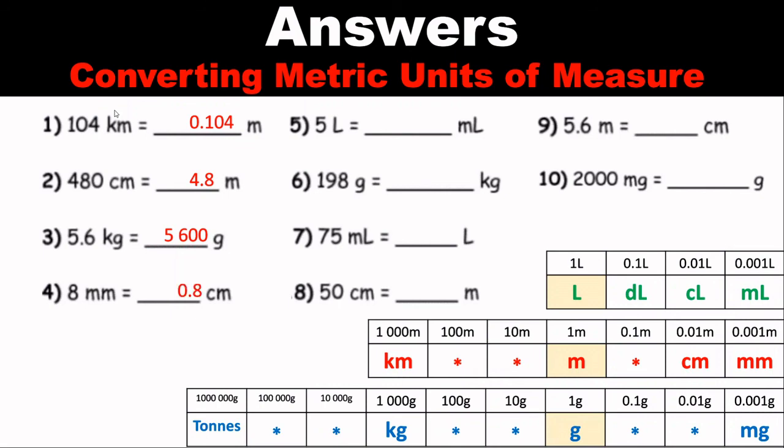For question 5, we multiplied by 1,000. For question 6, we divided by 1,000. For question 7, we divided by 1,000. For question 8, we divided by 100. For question 9, we multiplied by 100. And for question 10, we divided by 1,000.